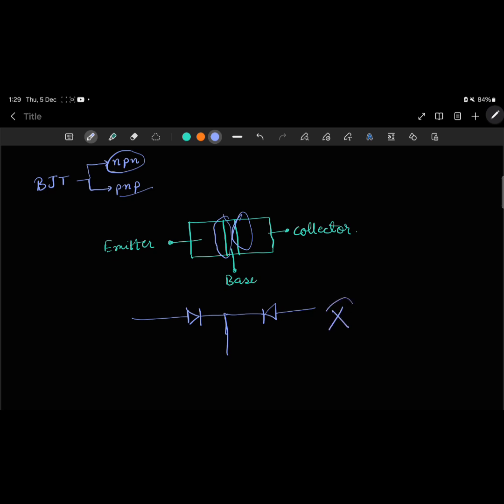But it does not work the same as this. This is because in the case of the diodes, both of the diodes work independently of each other. But in the case of the transistor, there is certain interaction between the three regions. So let's study it in more detail.